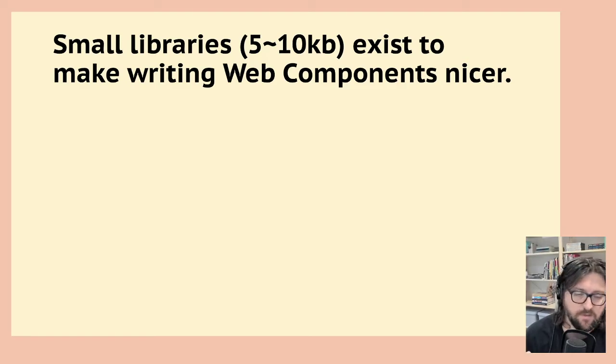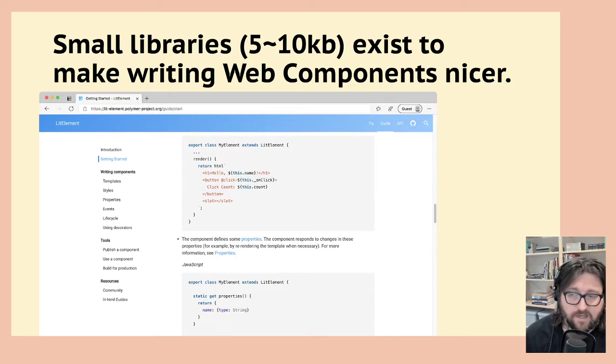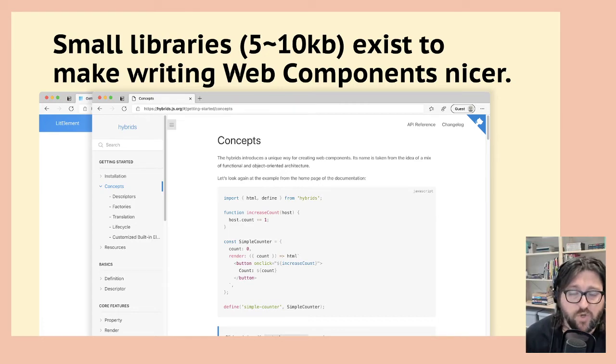Small libraries exist to make writing web components nicer. Lit element is sort of like a React class flavor, but instead of JSX, it uses HTML template literals. Kind of cool. Hybrids is sort of like a functional, Svelte-style twist on web components. Pretty nice.